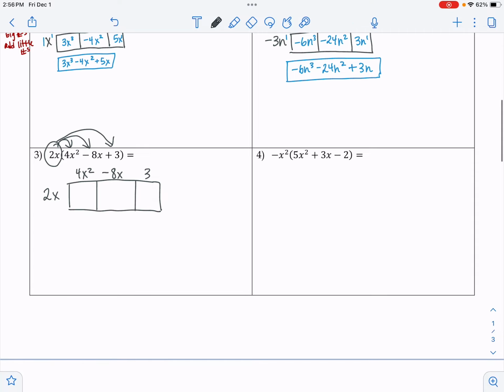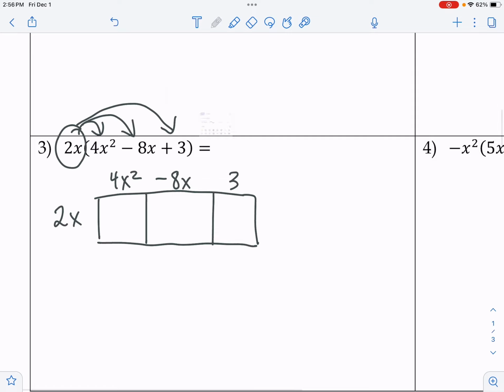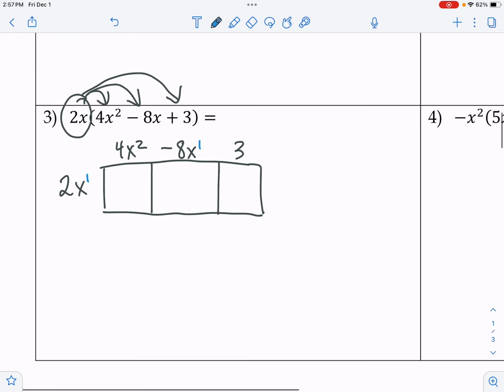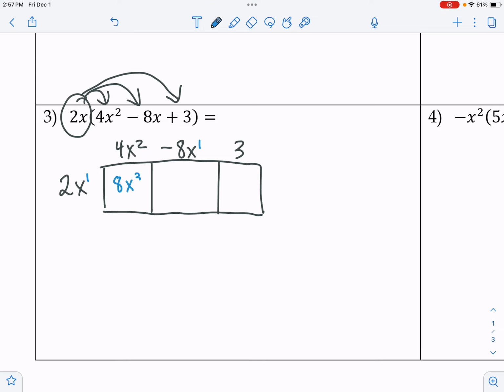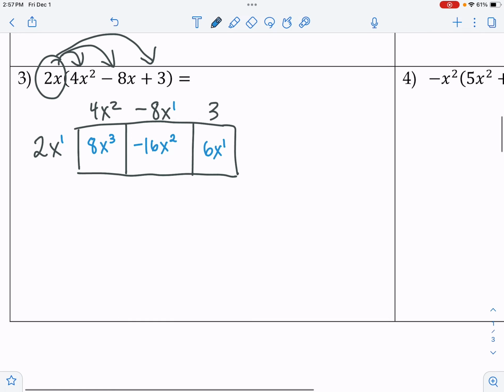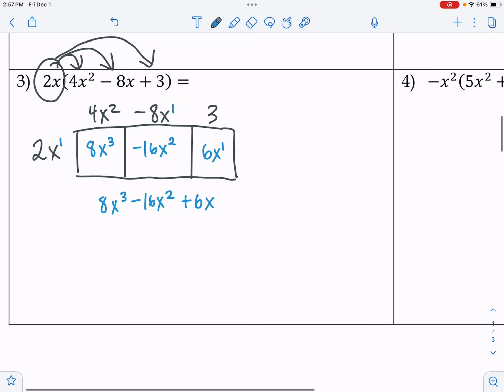Multiply your big numbers, add your little numbers, and so let's fill in our invisible ones. 2 times 4 is 8, 1 plus 2 is 3. 2 times negative 8 is negative 16, 1 plus 1 is 2, 2 times 3 is 6, and then we still have x1. So our final answer is 8x cubed minus 16x squared plus 6x.